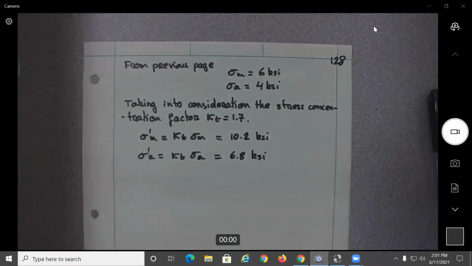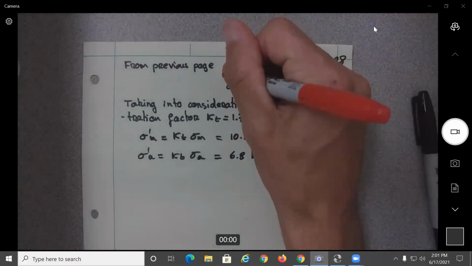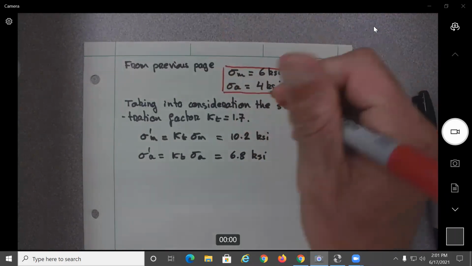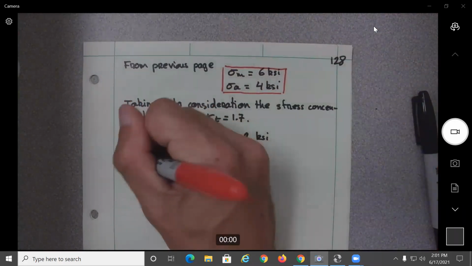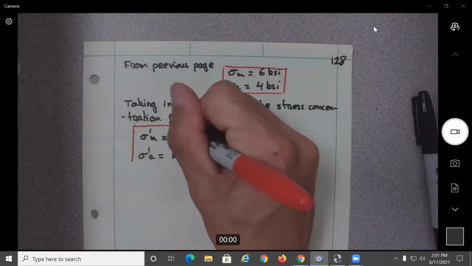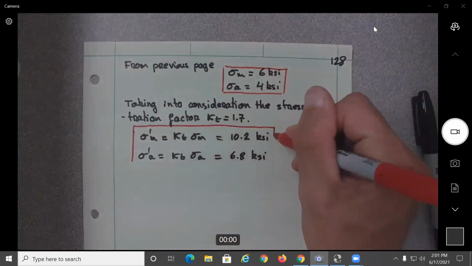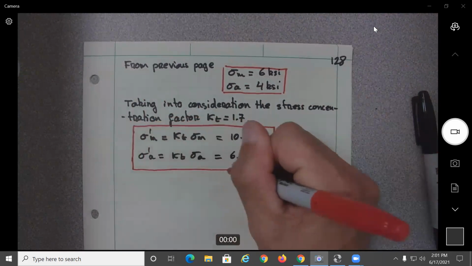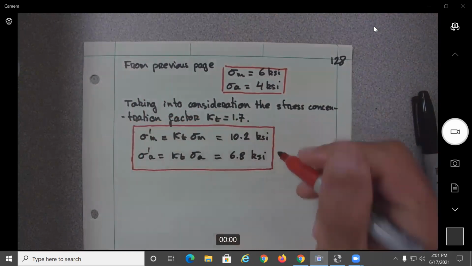Okay, so thank you for the calculations. So these were the original ones. Now, with the safety factor, we have these values over here.